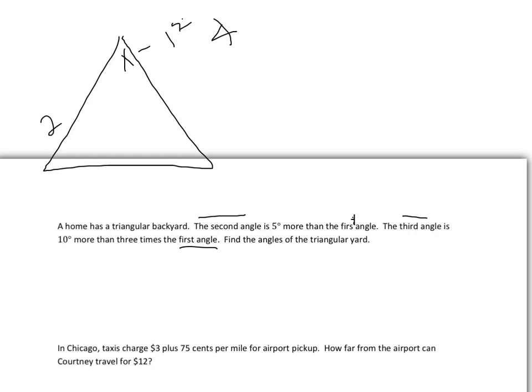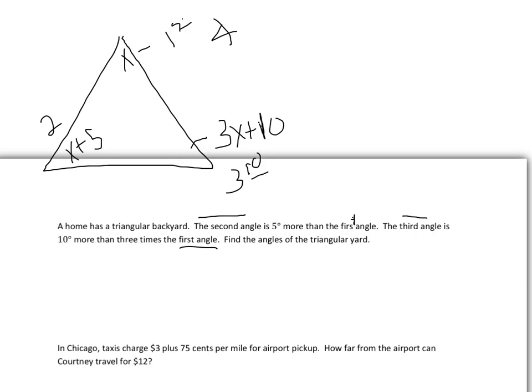Now, if this right here is the second angle, we know the second is 5 more than the first. If the first is x, the second is going to be x plus 5. Now, the third angle is 10 degrees more than 3 times the first. Well, 3 times the first, 3x, 10 more, plus 10, that is going to be the third angle measurement.